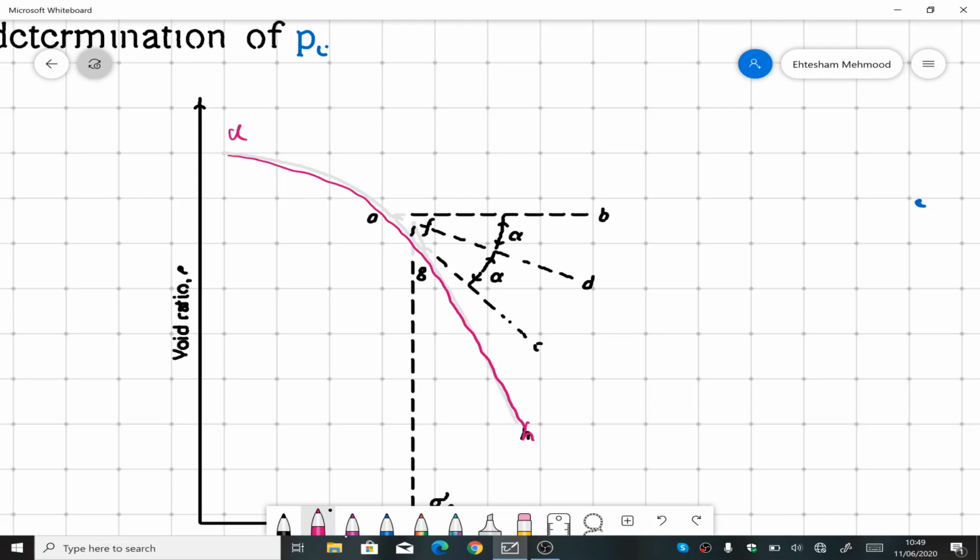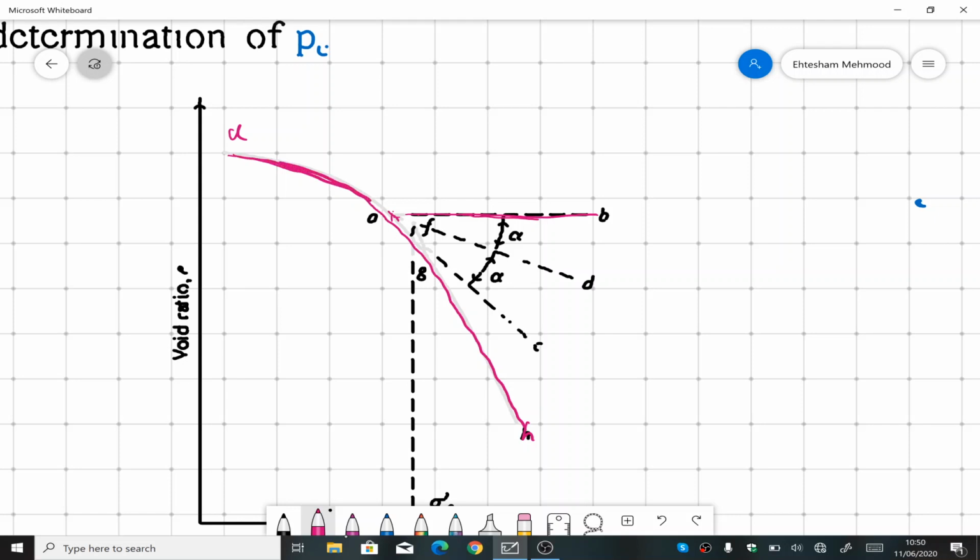The first step we are going to do is make a horizontal line from the point of maximum curvature of the curve. So apparently this point is the part of the curve that has maximum curvature. Make a horizontal line from A to B, and then draw a tangent at the same point. So this is the curve again.